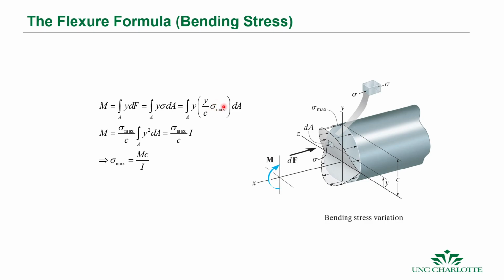If sigma max is a constant, we can pull it out. Then we can express our moment as sigma max over c times the integral of y squared dA, and y squared dA is just the definition of I, the moment of inertia for that cross section. That's where we get our flexural formula, sigma = Mc over I, by rearranging those terms.